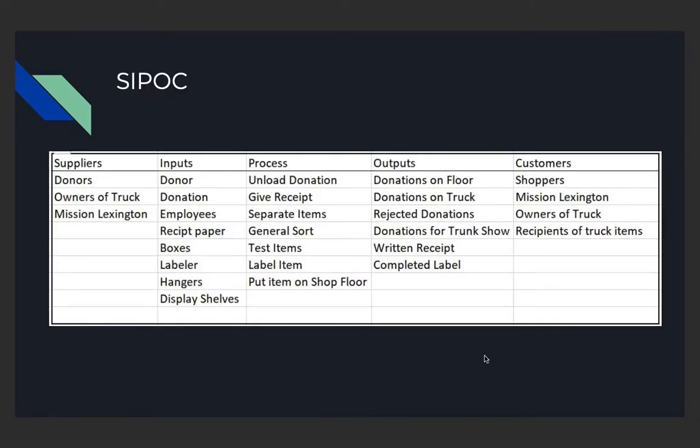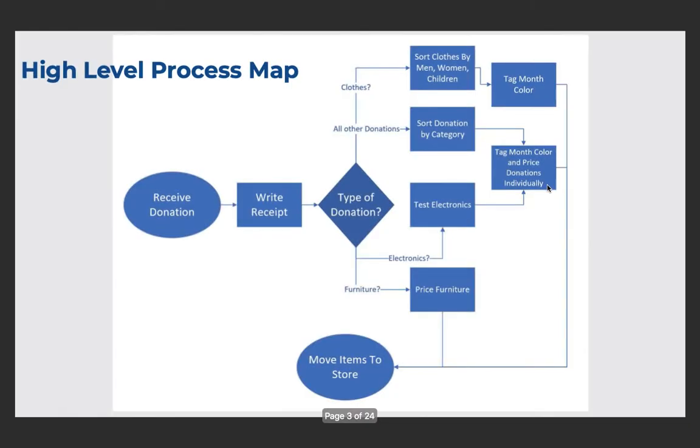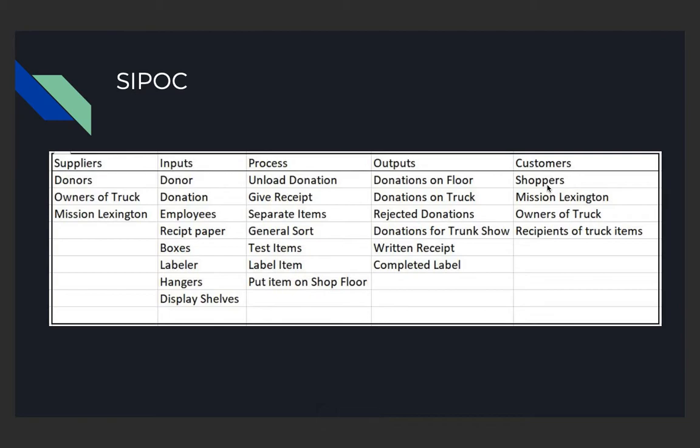This is another very helpful define tool, SIPOC analysis. It lays out the specific suppliers, inputs, processes, outputs, and customers for the process. These tools are really used for the consulting person or the team doing the project, not for the company they're doing it for.